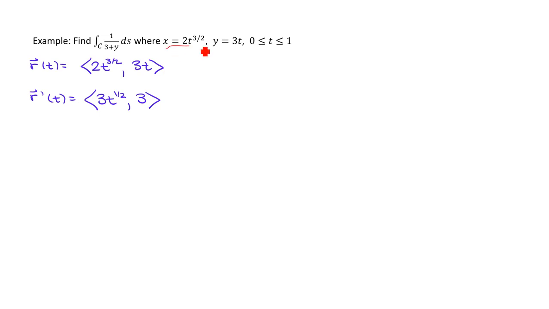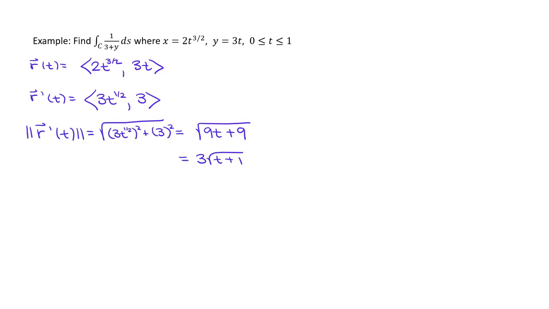The path they're giving us, I wrote in vector form to be a little more compact: the vector valued function 2t to the 3/2, comma 3t. The derivative of that is 3t to the 1/2, comma 3. Then I find the magnitude of r prime by taking the square root of the sum of the components squared. I ended up getting the square root of 9t plus 9.